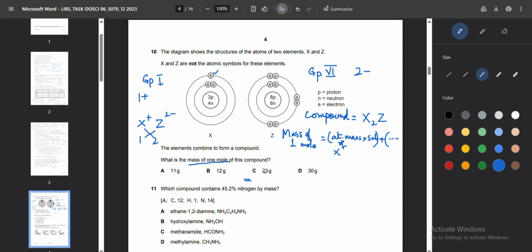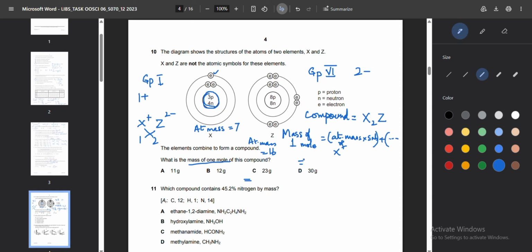What is the atomic mass? Atomic mass is the number of protons and neutrons. The atomic mass for X is 7, and for Z the atomic mass is 16. So you can just put the values in the formula.